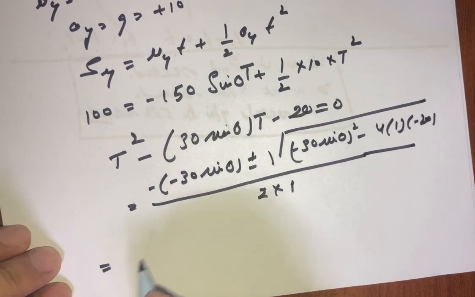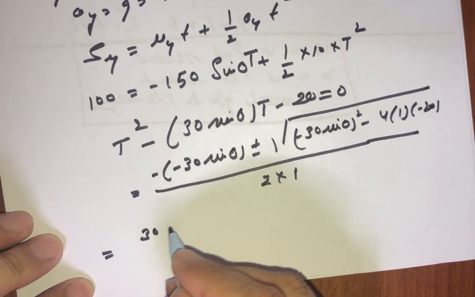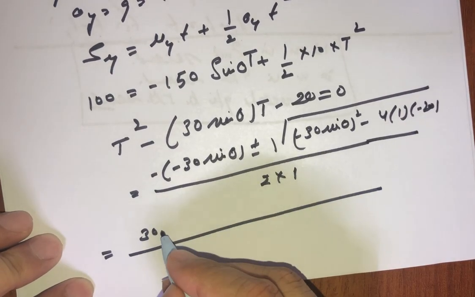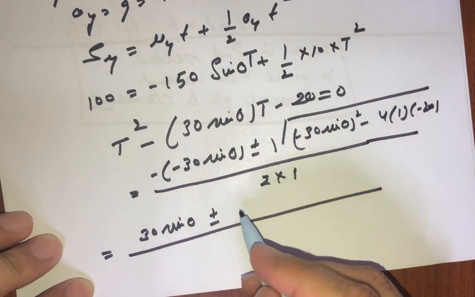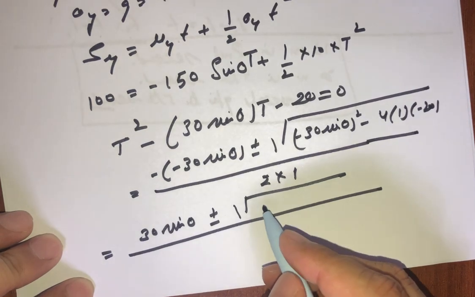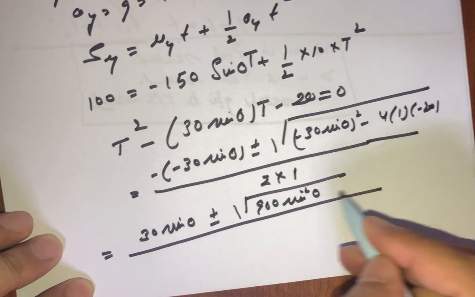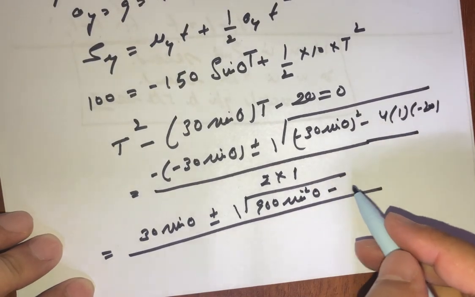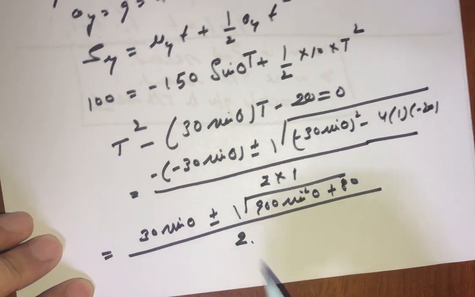So this can be written as 30 sin theta plus or minus square root of 900 sin squared theta plus 80, divided by 2.